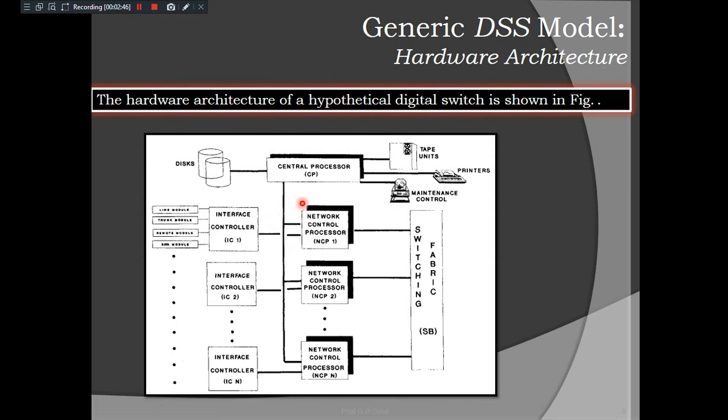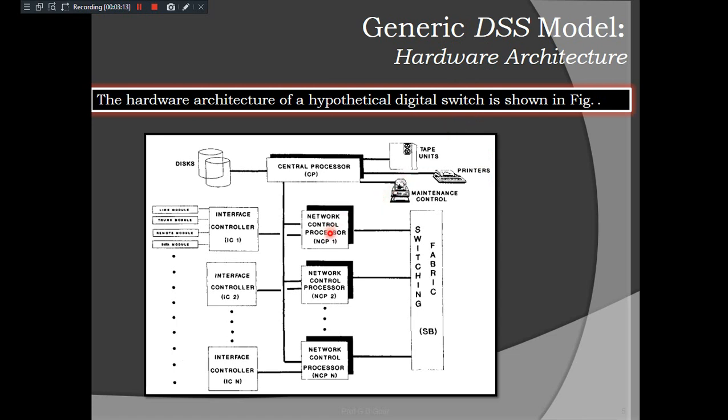This is the first very important part we are going to look at in this session 6 of the DSS. The figure shows the hardware architecture of the hypothetical digital switch. Guys, you will get a question something like: discuss in detail the hardware architecture of a typical generic DSS, generic digital switch.